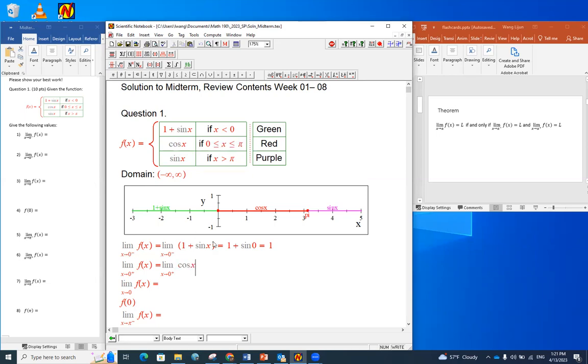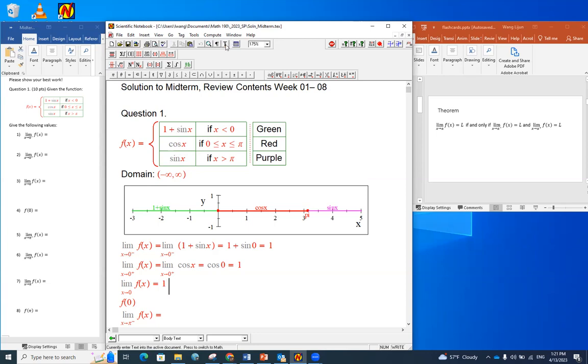So here you have cosine x. Direct substitution gives cosine 0, which equals 1. The limit from the right and the limit from the left both exist and they're the same, so now you're applying this theorem. The limit equals that same value.